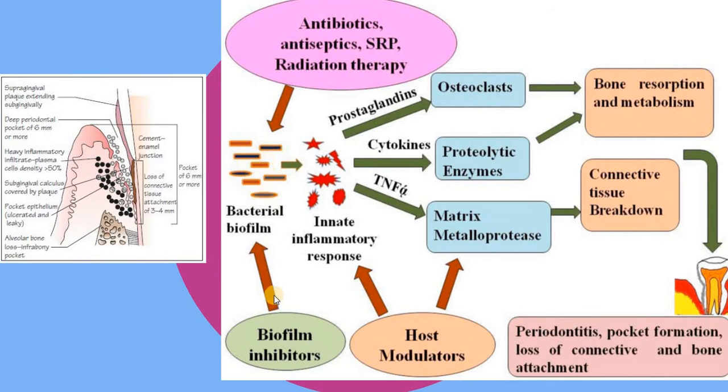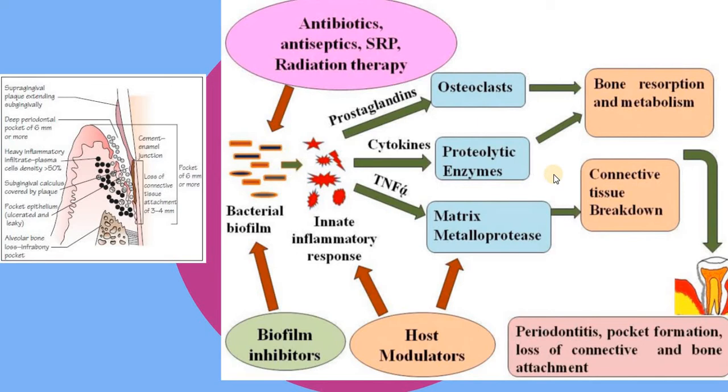If we don't have any inhibitors, the innate inflammatory response, including neutrophils and macrophages, will act against these antigens by secreting prostaglandins, cytokines, and tumor necrosis factors, and these immune responses by themselves are destructive to both bone and connective tissue or periodontal ligaments. So, for example, prostaglandin enhances bone resorption, and matrix metalloproteinase enhances connective tissue breakdown.